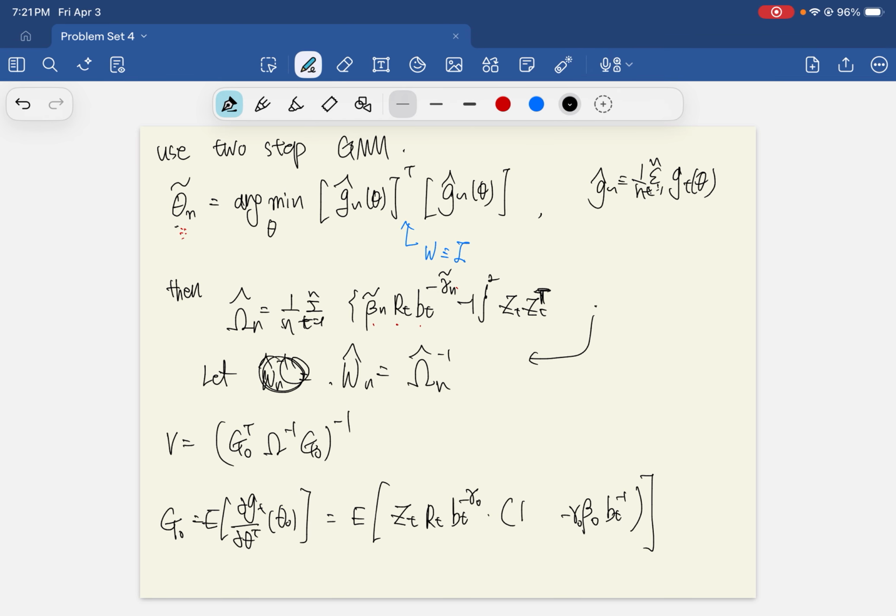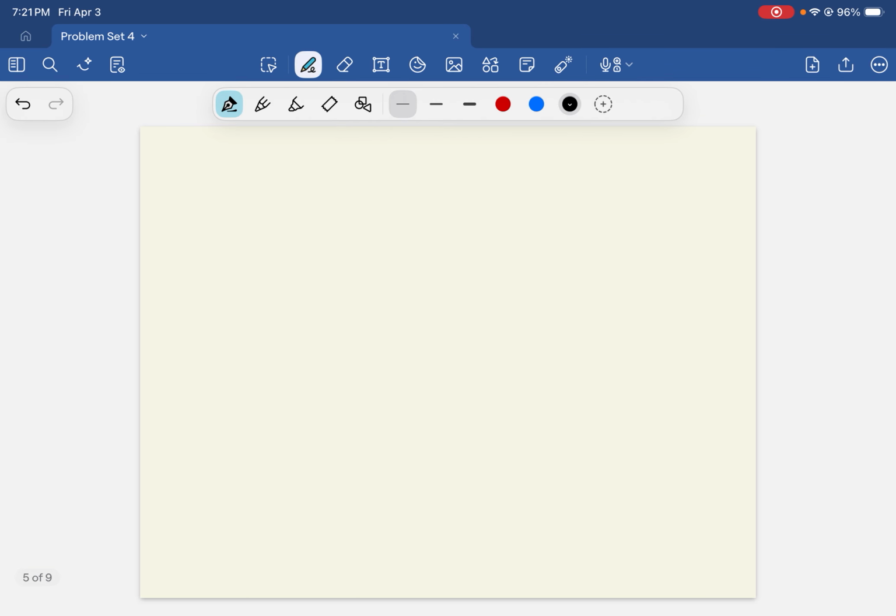Algebra is just useless. Now then, let's think about how to calculate the variance. So the variance will be G hat transpose times omega hat n inverse times G hat n and total inverse, right? So you just calculate each of them.